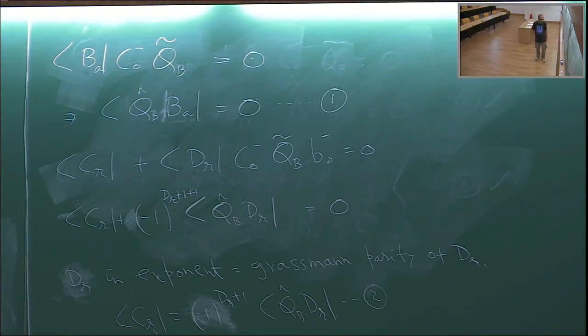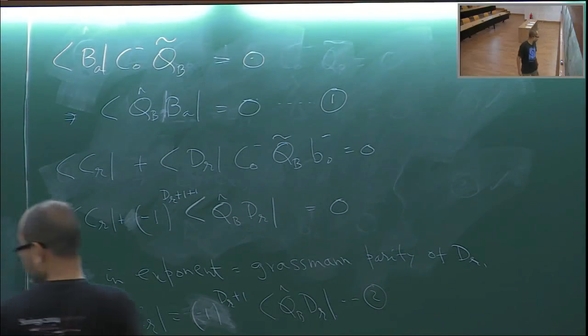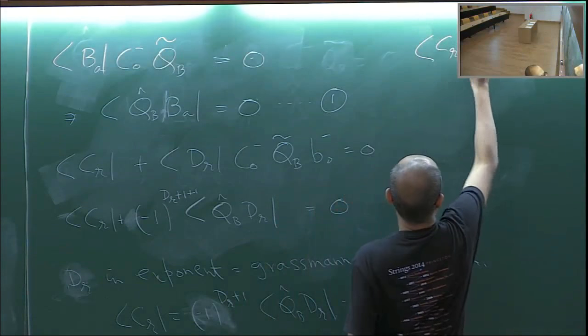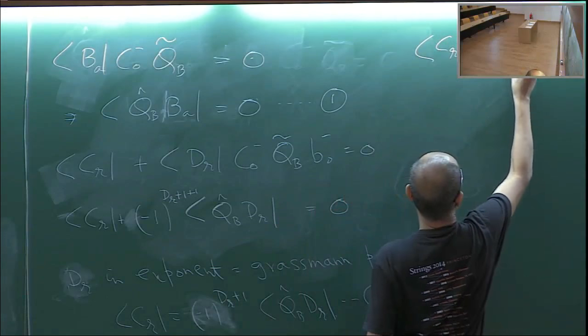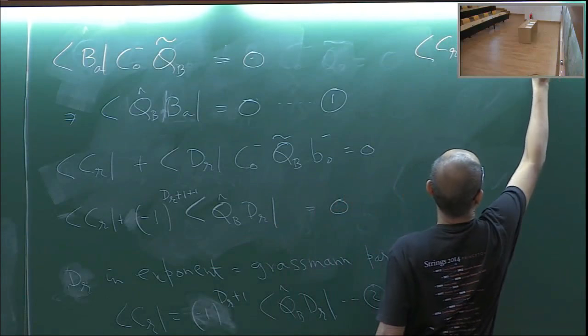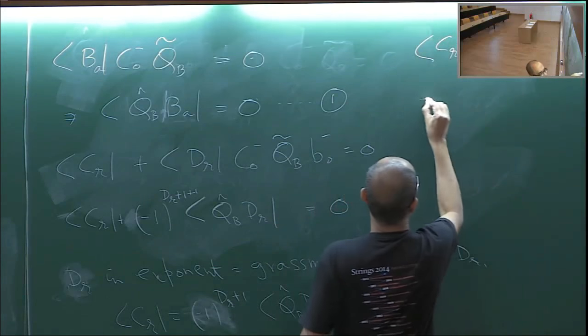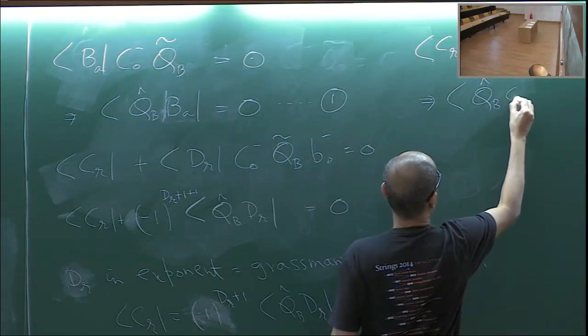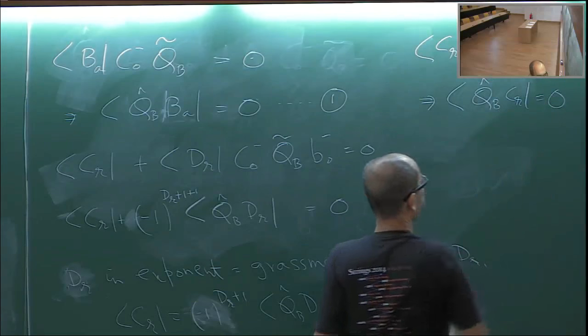The coefficient of UR gives you CR C naught minus QB tilde, put a B naught minus again, is equal to 0. So this tells us that QB hat CR equal to 0.